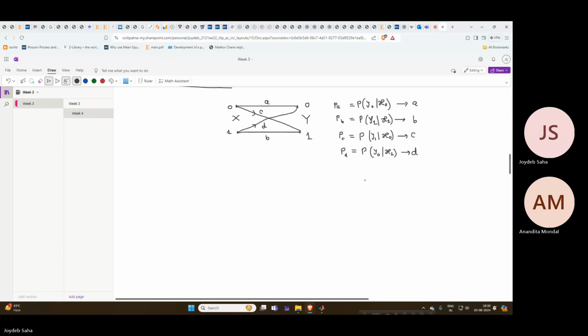And it is given that probability of y1 upon x0, that means PC, is given, it is 0.15.